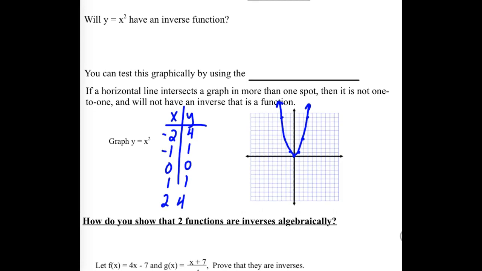Okay, let's plot that point. 4, -2. My next point would be 1, -1. 0, 0 is still going to be the same. Instead of 1, 1, that one's going to stay the same too. Instead of 2, 4, we would have 4, 2. So my inverse is really a sideways parabola.